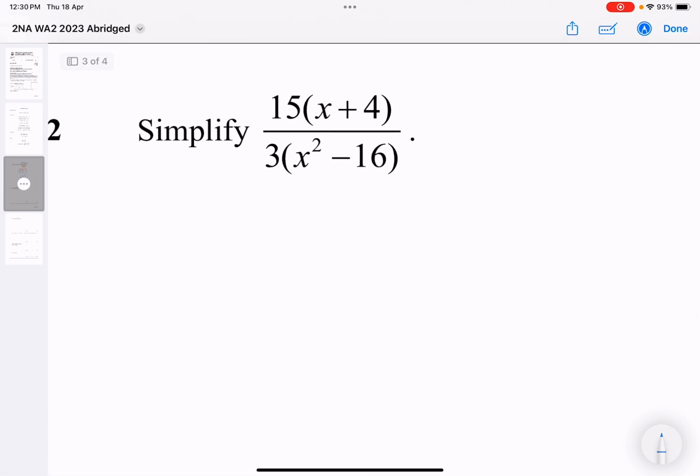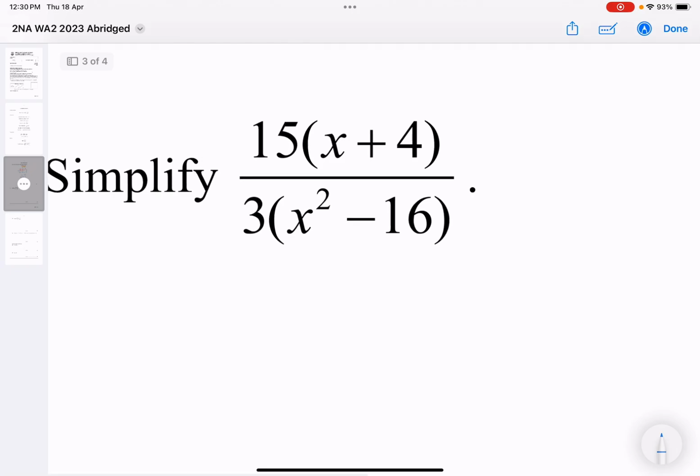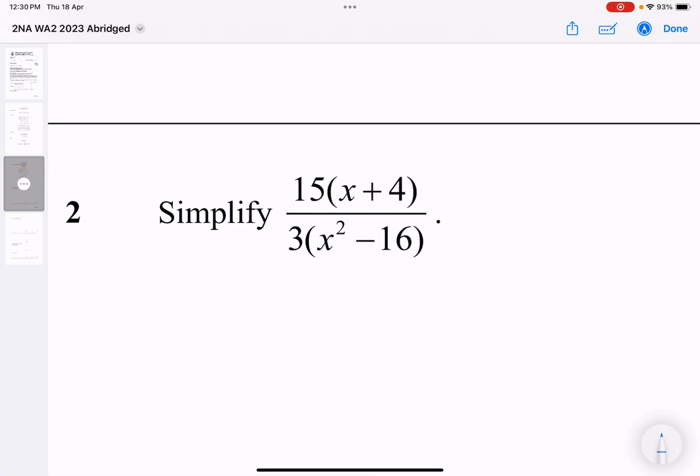Simplify. Simplify means you need to cancel. Now, if you look at this question, here is 15 times x plus 4. Here is 3. Okay? Now, this number over here, you can just enter in your calculator.